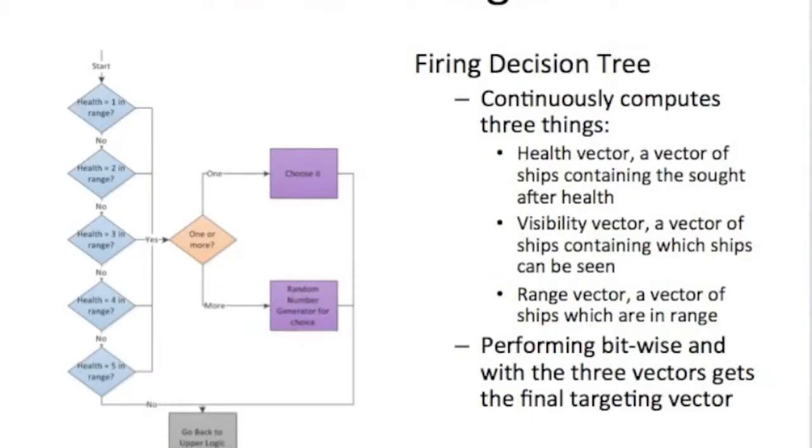In particular, the AI has several rules for firing and moving. For firing, it decides to shoot the weakest ship, and if there's only one weakest ship, then it will fire on it. If not, it will use a random number generator to determine which ship it will fire on.